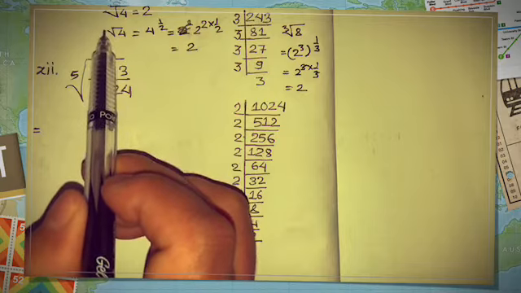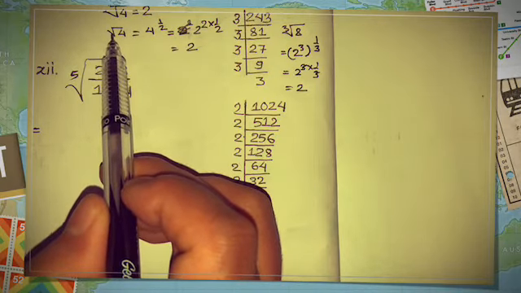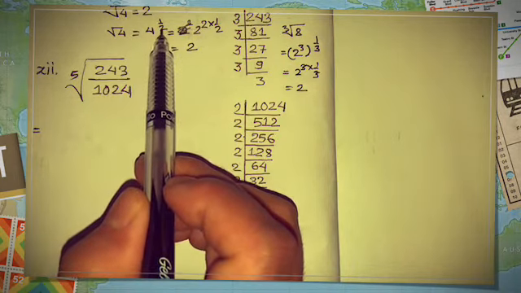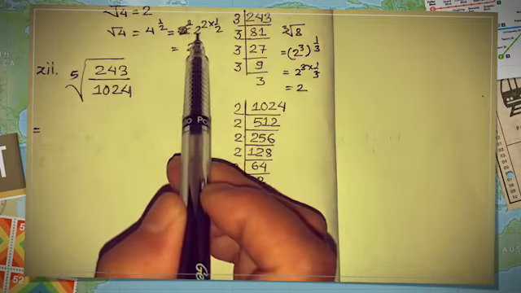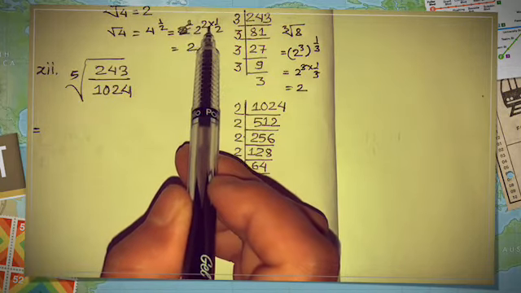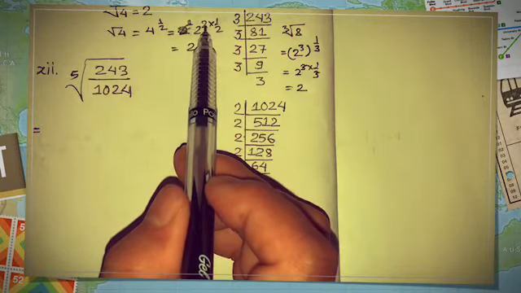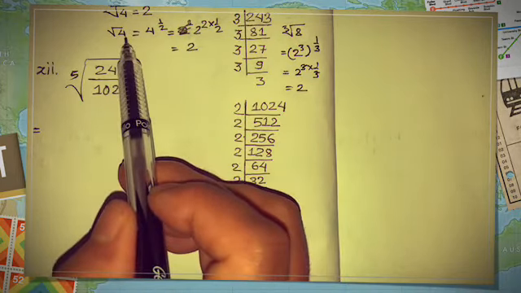In another way, root 4 can also be expressed as 4 to the power 1 by 2, and 4 means 2 squared, and we have 1 by 2. Using the law of raising a power to a power, it is multiplied and the 2s will be cancelled and 2 left here. This way also we can do it.